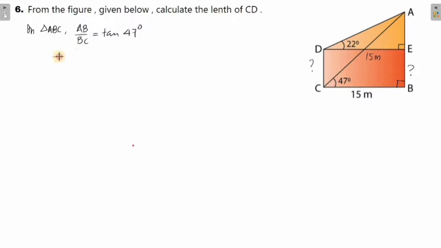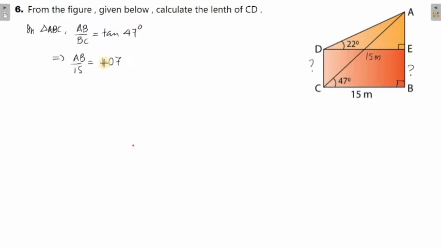So from here let's find what AB is. AB is equals to, so this BC goes out here. So first let me write AB equals BC, BC is 15, right, into tan 47 degree. If you look at the log table, you get tan 47 degree is equals to 1.07.